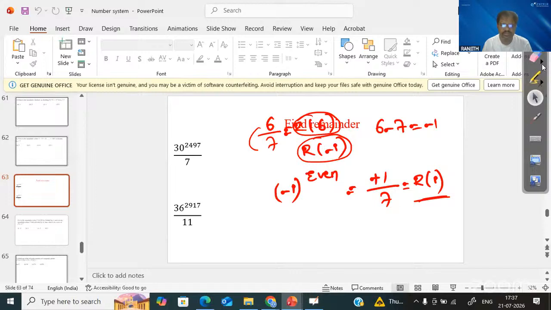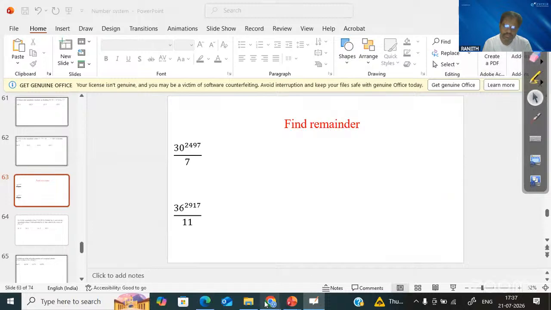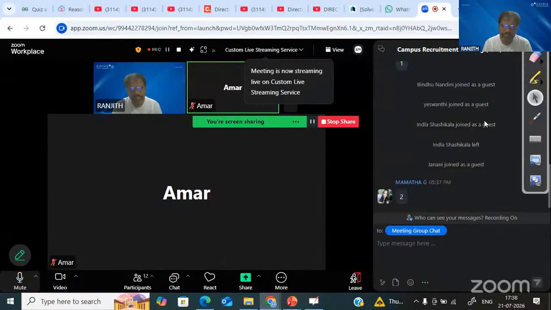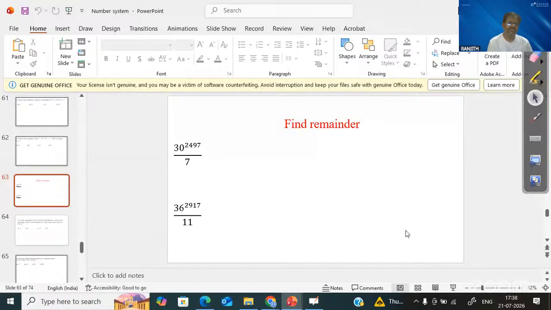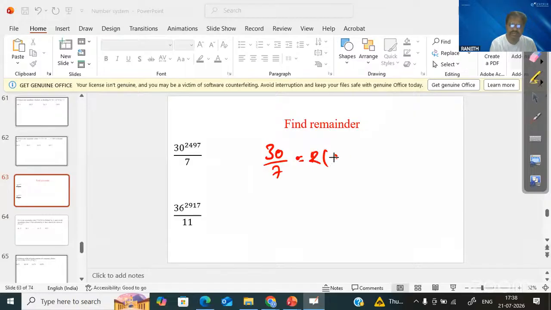So what about this one? 30 divided by 7, the remainder is 2.